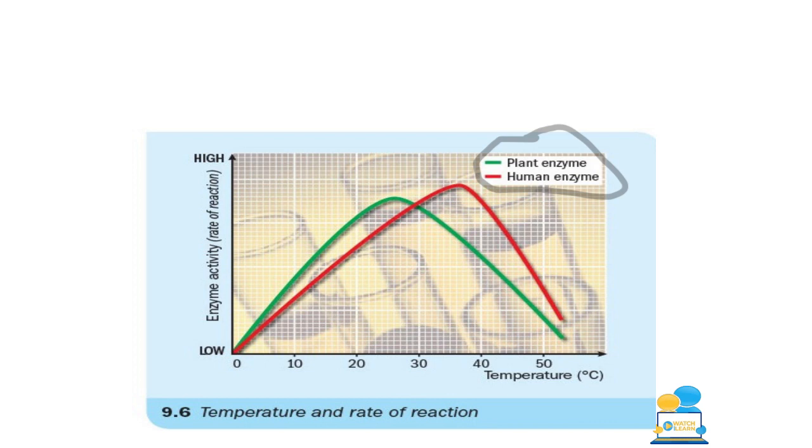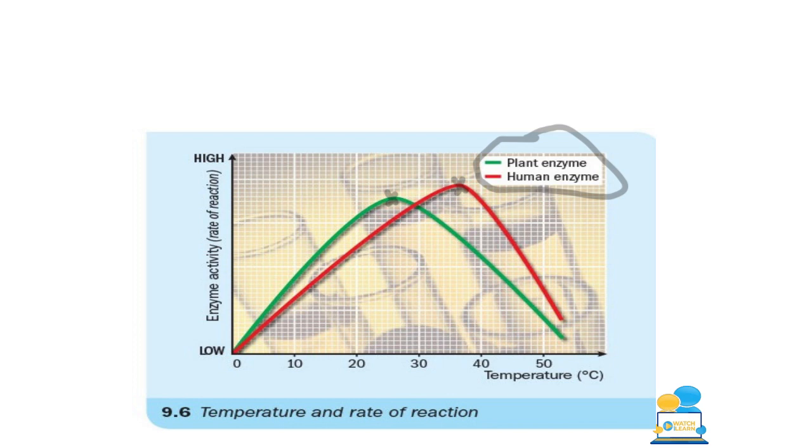And I want to just draw attention to the peak of each curve. So I want to draw attention to the peak of the green curve and to the peak of the red curve. And what I mean by the peak is the top, the highest value of each of these curves. So if we're looking at this curve for plants, the green curve, I want you to pay very close attention to the temperature down here on the x-axis.